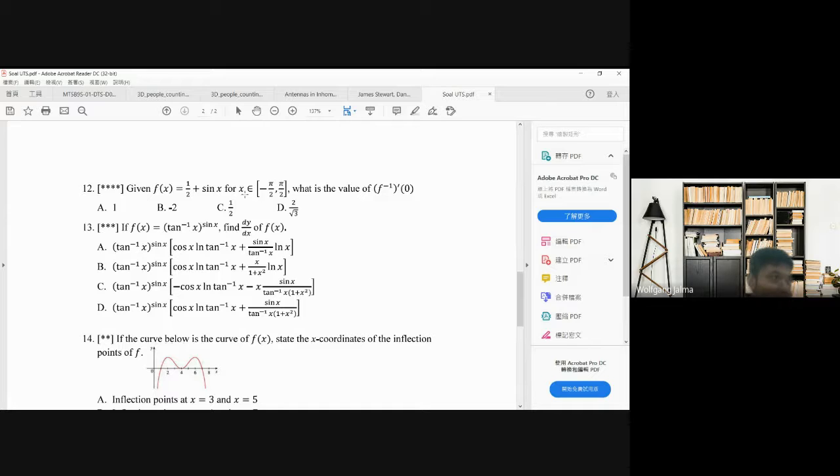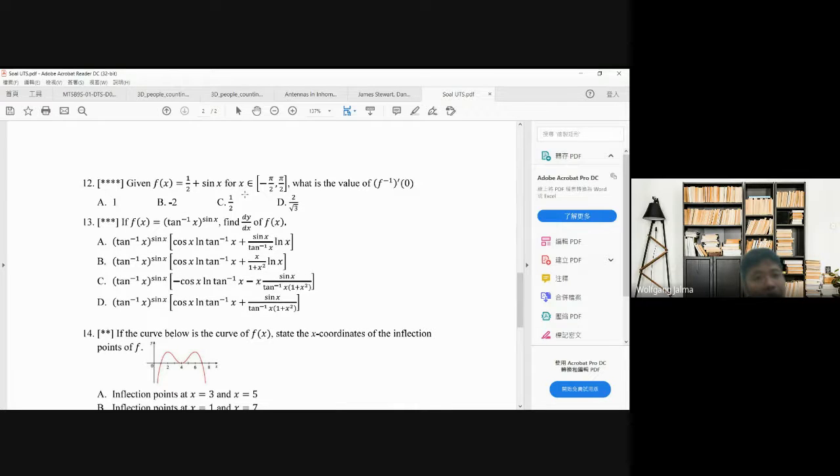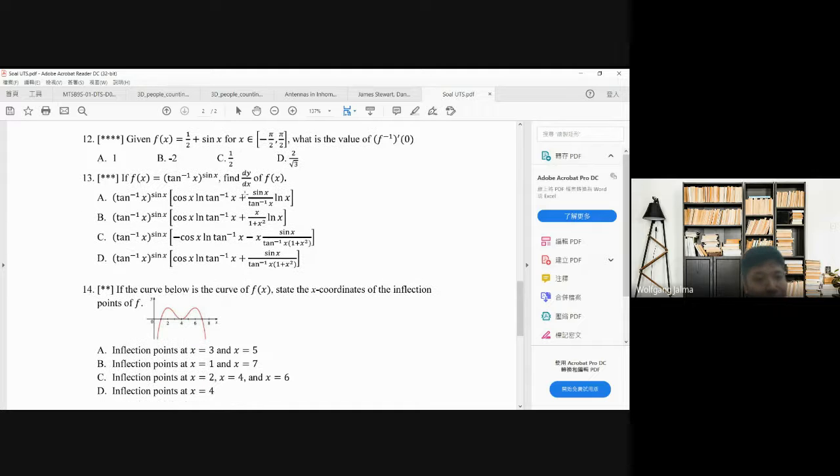No, that's derivative of the inverse. Also, we have to solve for the inverse and then... Has Professor Iman taught about derivative of the inverse? No? Maybe not. Okay, no problem.